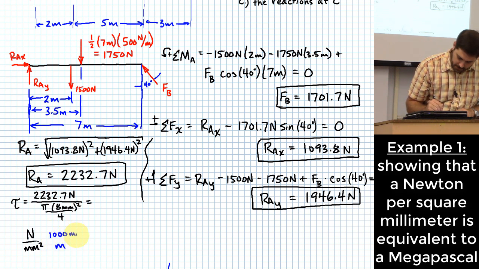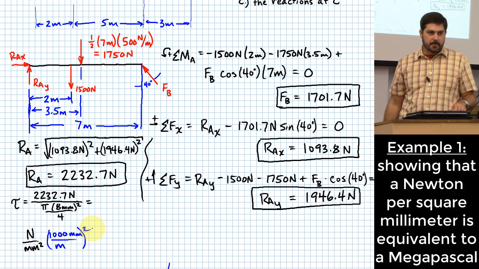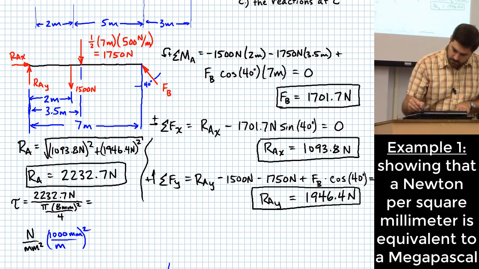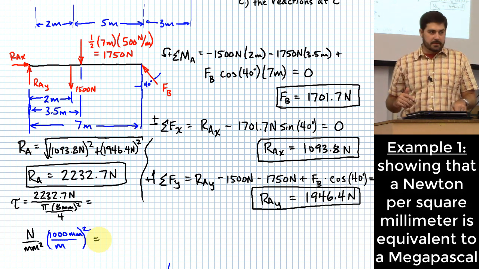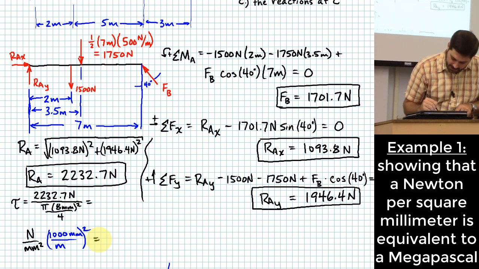Okay, 1,000 millimeters in a meter, and I have to square that. What is 1,000 squared? Okay, 1,000 squared is 1,000,000, right? So this is saying I have 10 to the 6th newtons per square meter now.